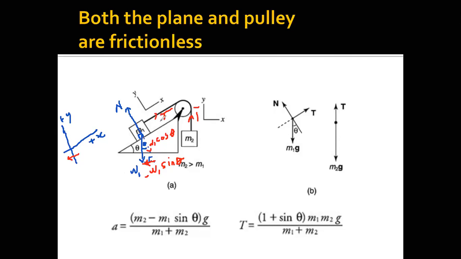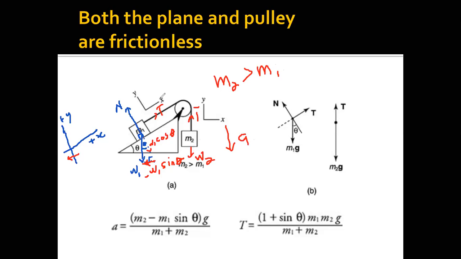So that is tension. And then once M2 is heavier than M1, it means that we also have weight W2 here. So the system is accelerating down.